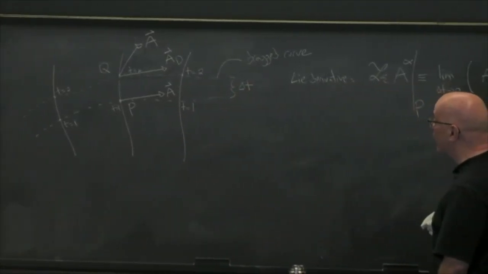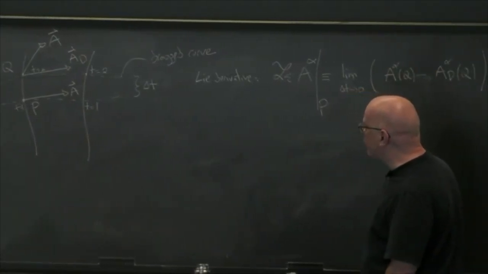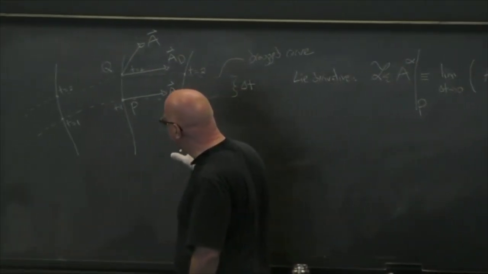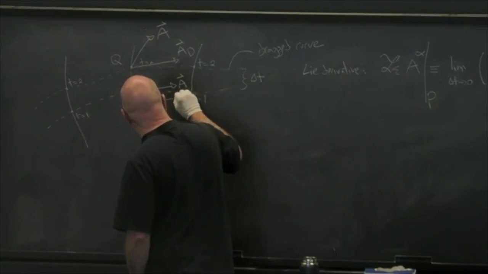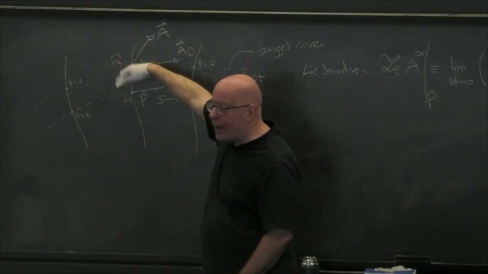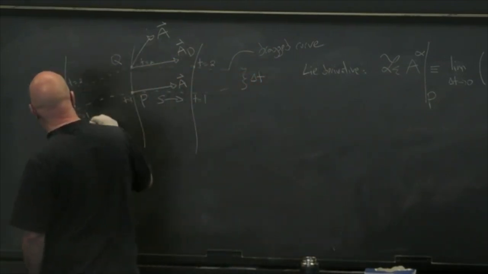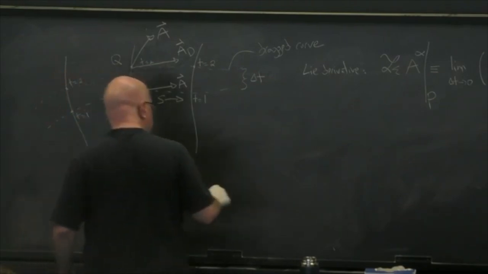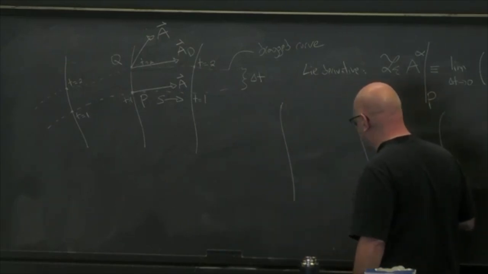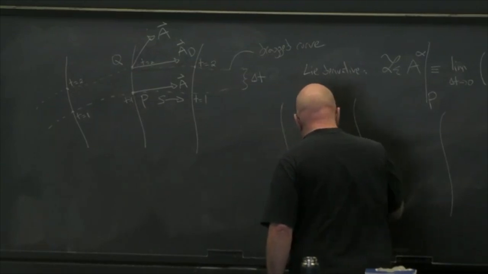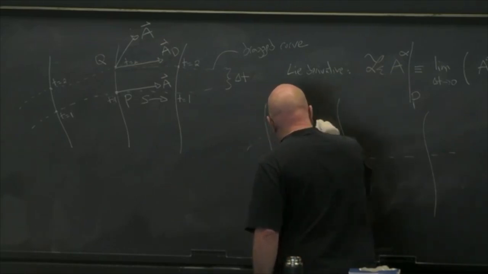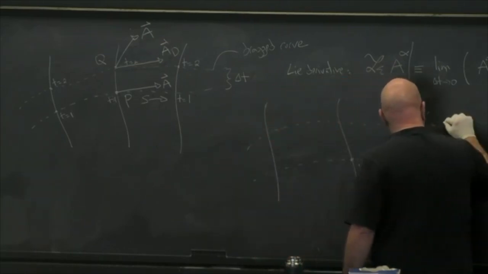Okay. A lot of the work has been done, so we're going to see what that translates into. Before I do that, I will put in a little more fine print. We've talked about the s parameterization on the original integral curve. I have to set up a parameterization on the drag curve. Let me draw it separately. This was the original integral curve to A through P. This is the dragged curve.